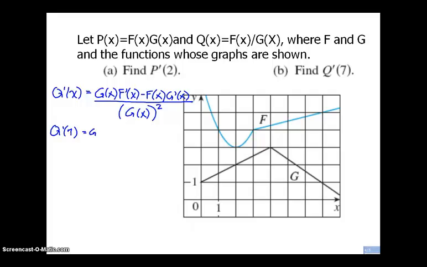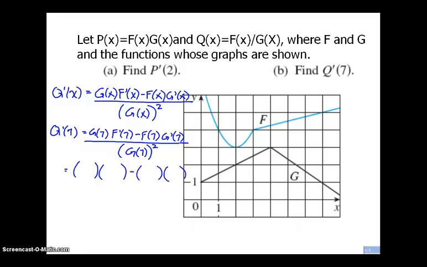So we know it's the output of g at 7 times the slope on f at 7 minus the output on f at 7 times the slope on g at 7, all over the output of g at 7 squared. So again, we just need to find all of those pieces, put them into our quotient rule, and we'll have our answer.